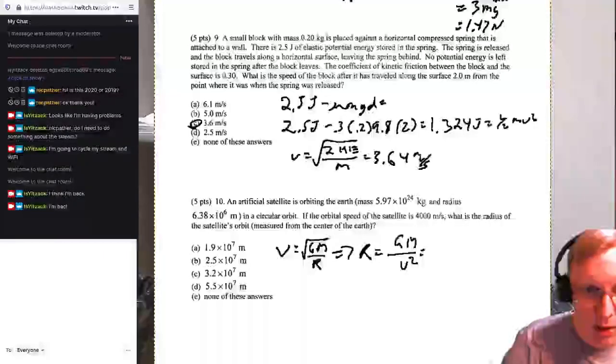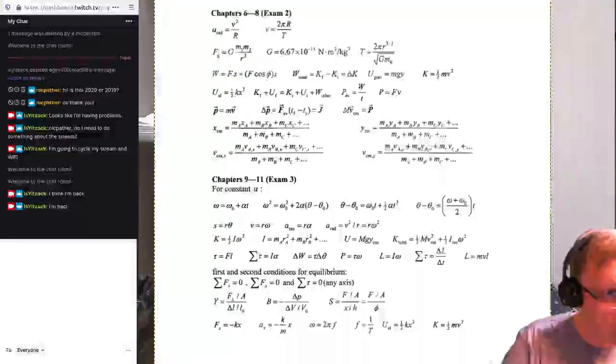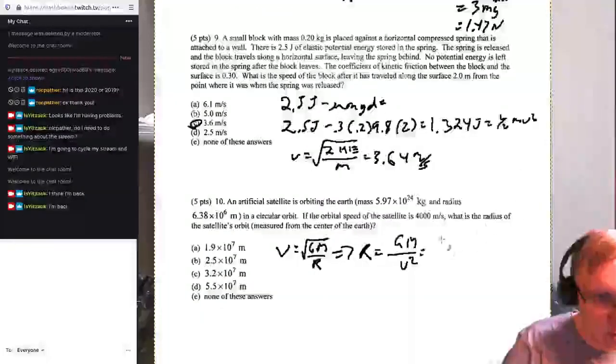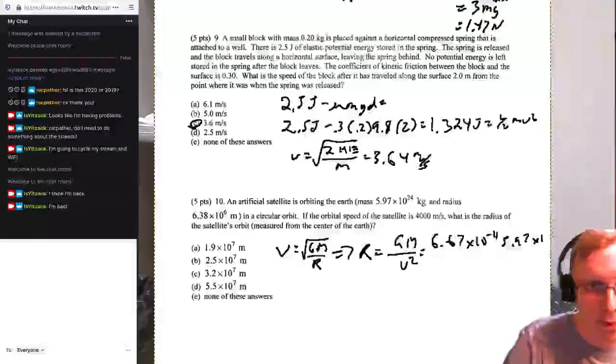I need G. It'll probably be on that one. Where is G? 6.67 times 10 to the minus 11. Mass of the Earth 5.97 times 10 to the... Oh, bugger. Keep hitting that. I was running out of space anyways.